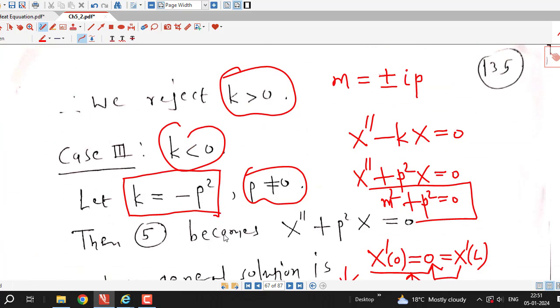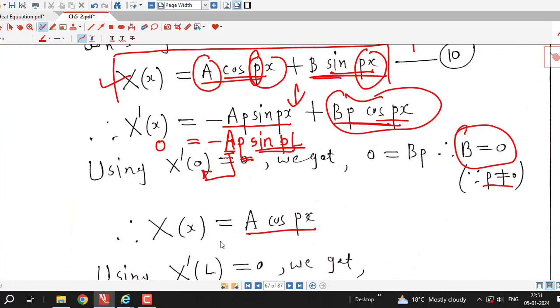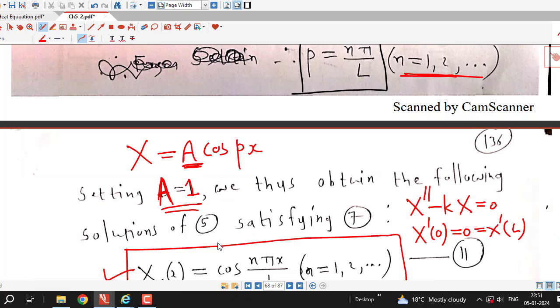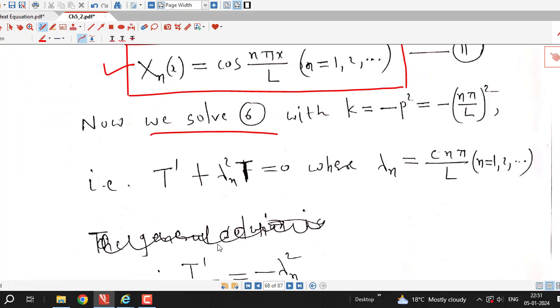So now we find out that for this value of k, now we solve equation 6 with k equal to minus of p square. And what is p? P is n pi over L, that is minus of square of n pi over L. And our equation was t dash minus c square kt equal to 0.